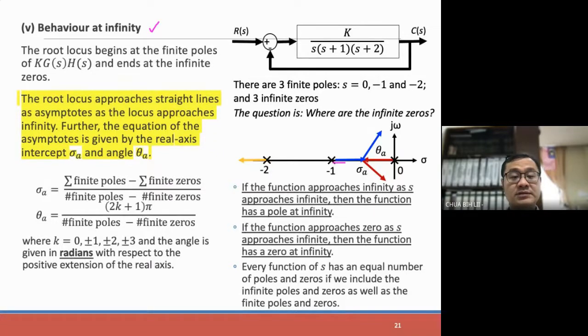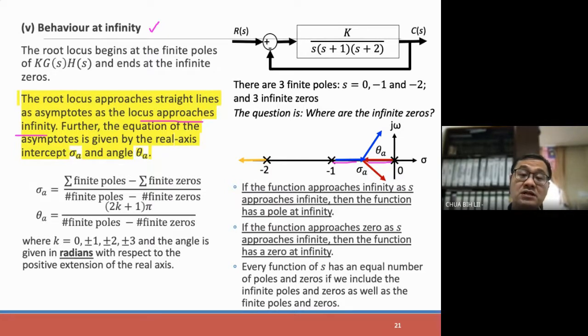What happens is there is an asymptote, such that the locus approaches infinity, going to a point where it continues to grow, right? So it depends on where it starts and so on.